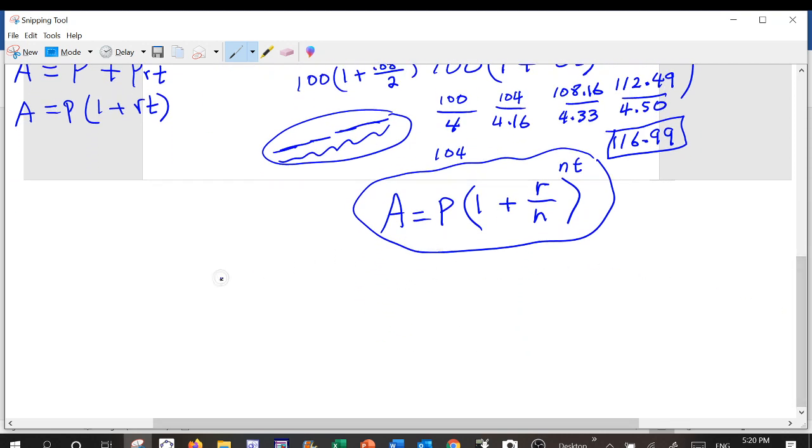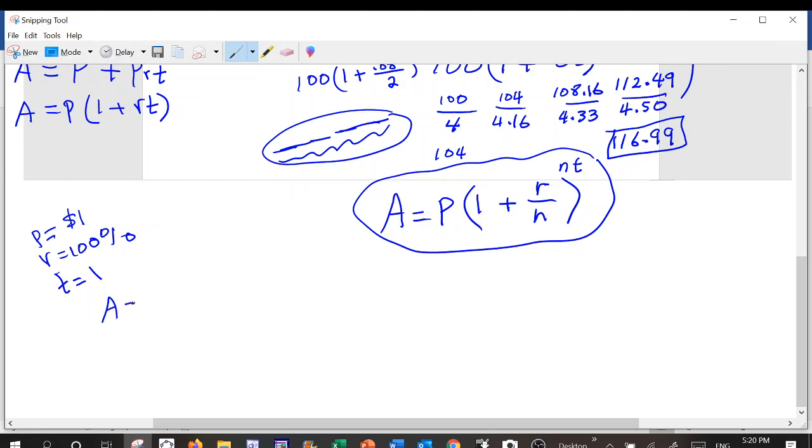And now that we are done, let's talk about that number e. A mathematician, several centuries ago, Bernoulli, said, okay, what if I put a unit of money, let's call it $1, in an account that pays 100% for 1 year? How much money are we going to have in the account?